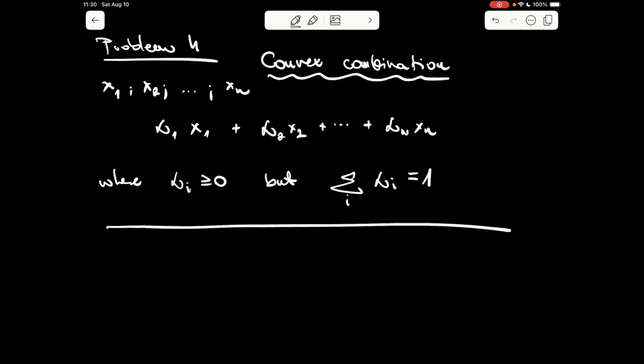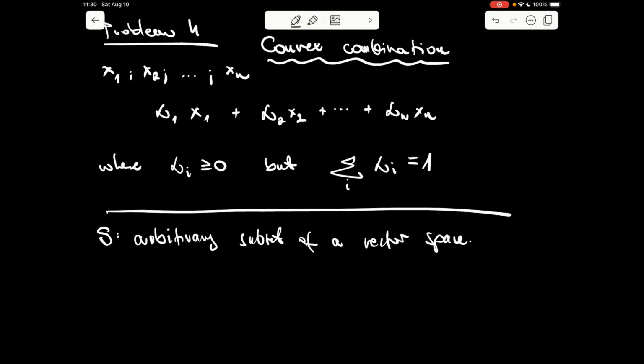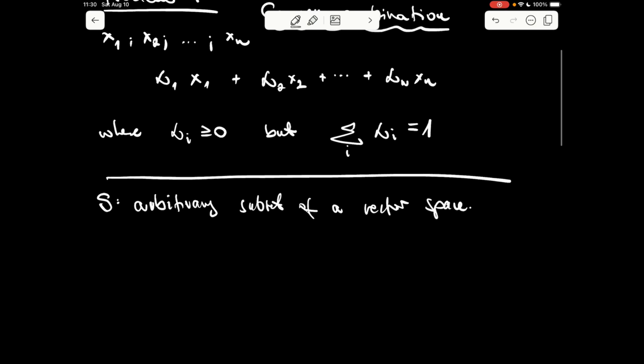So, okay, this is the basic. Let's have a subset of a vector space. This set is called S. This is an arbitrary subset of a vector space. K is another set.